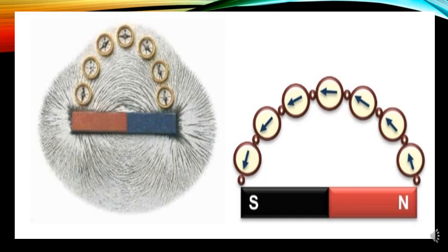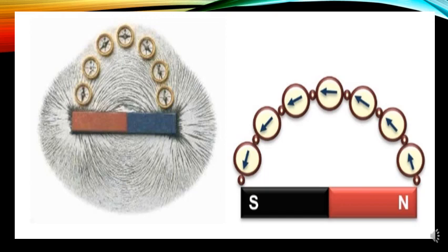Now, how will you plot the magnetic field pattern due to a bar magnet by using iron filings? You will learn this by an experiment. Place a card which is thick or stiff enough to stand without bending itself. You should place this card over a strong bar magnet as shown in the figure on the left side.